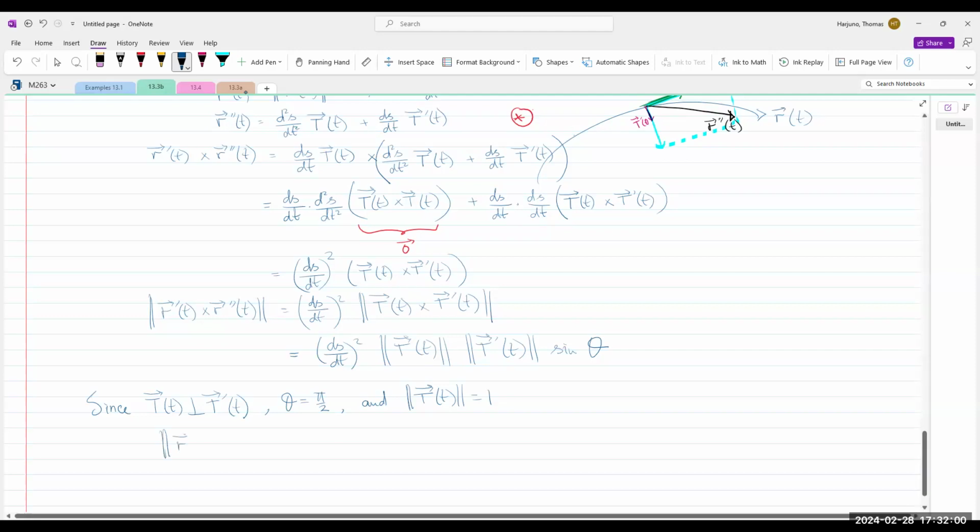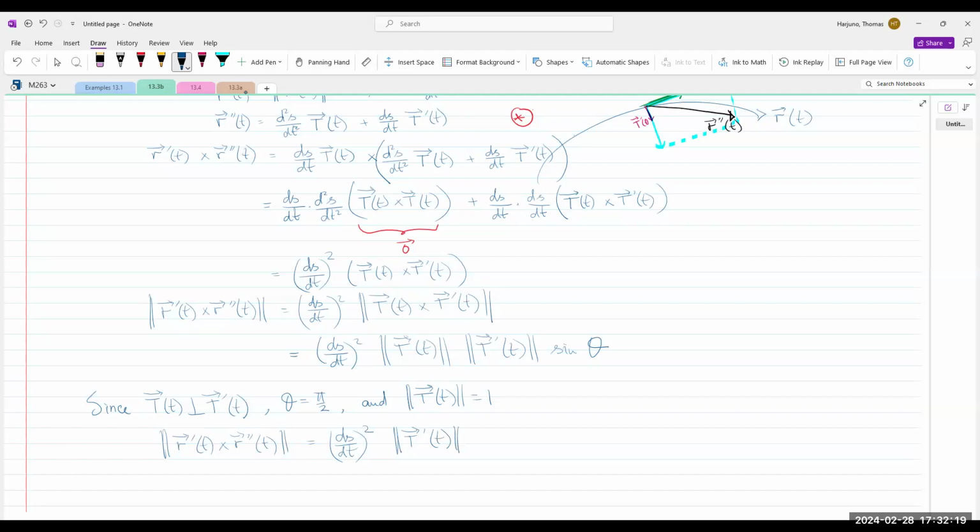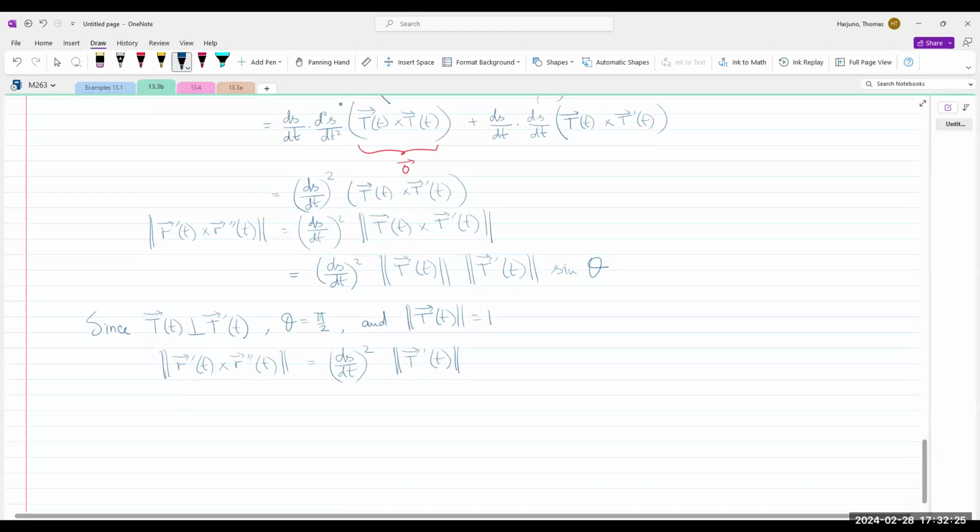Therefore, the cross product of r prime t and r double prime t has a magnitude of (ds/dt) squared times the magnitude of T prime t. Okay, therefore the magnitude of T prime t is the magnitude of the cross product of r prime t by r double prime t divided by (ds/dt) squared.